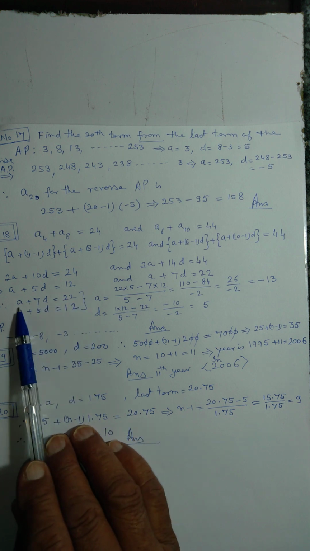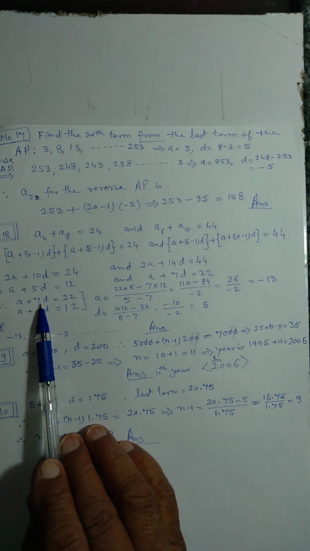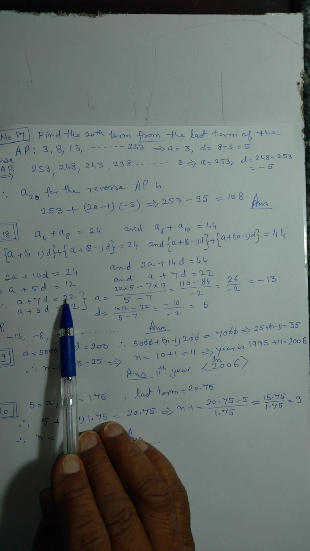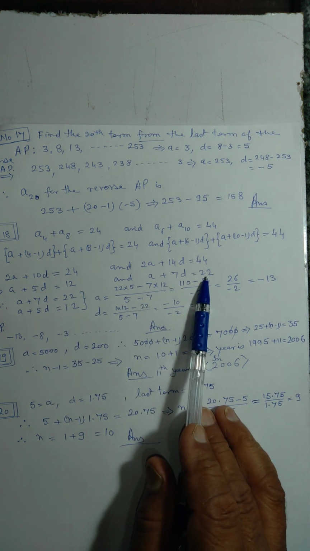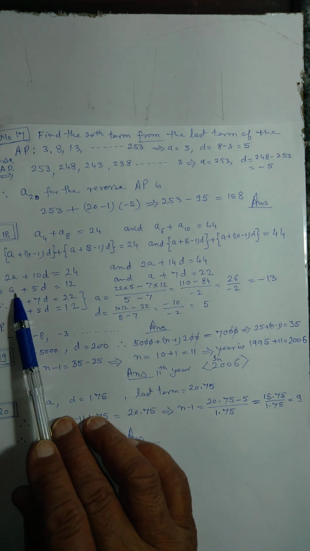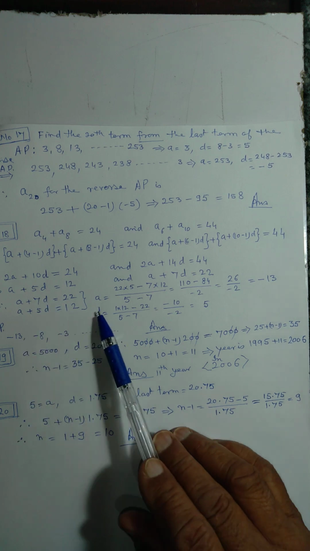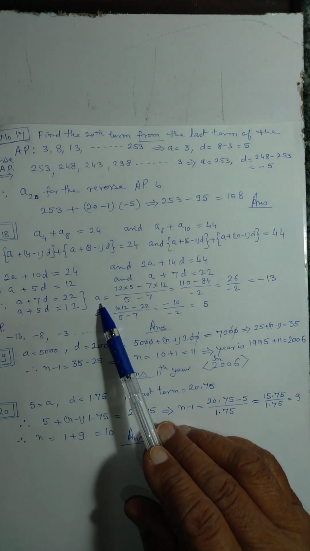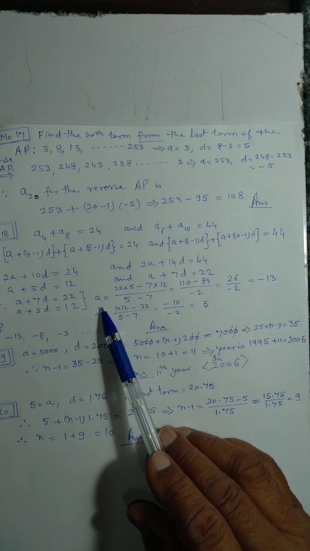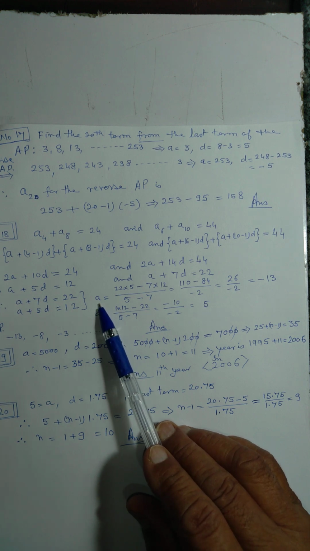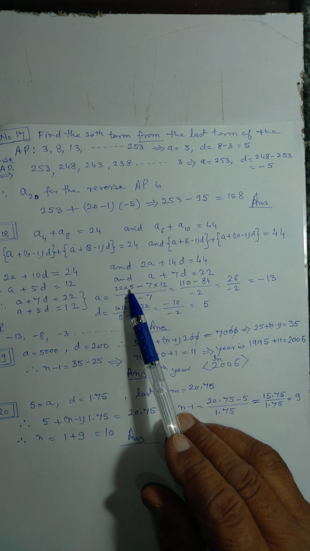So now you have got two equations: A plus 7D is equal to 22, and A plus 5D is equal to 12. I have solved it by the cross multiplication method. A is equal to 22 into 5.